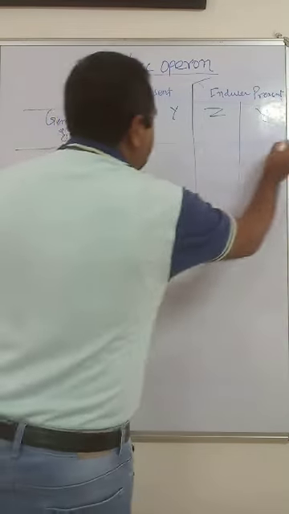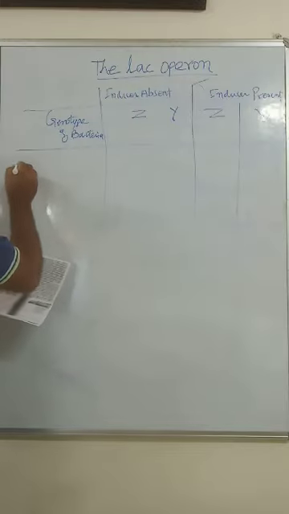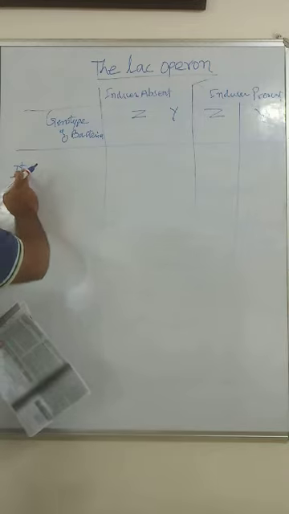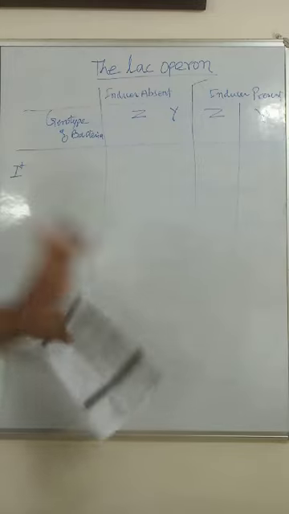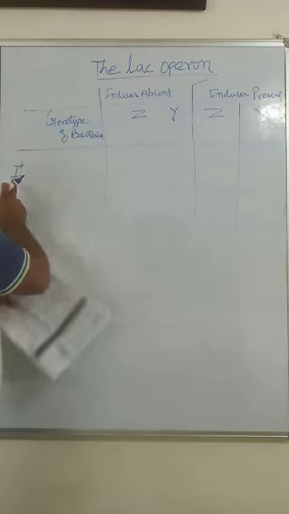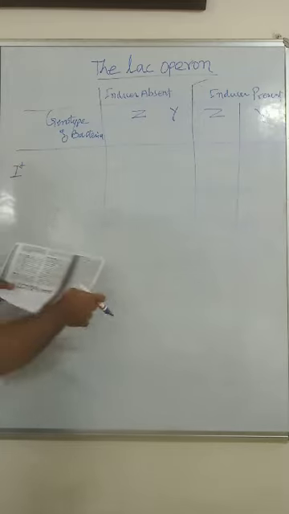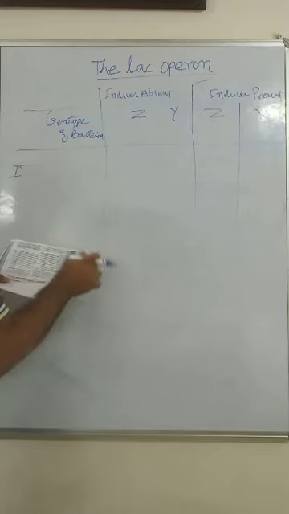So the first genotype of a bacteria is such that the regulator gene has a plus sign, which indicates that this regulator gene is normally functioning. This is a good copy of this gene, so regulator is in good condition. That's why it is represented by a plus sign.